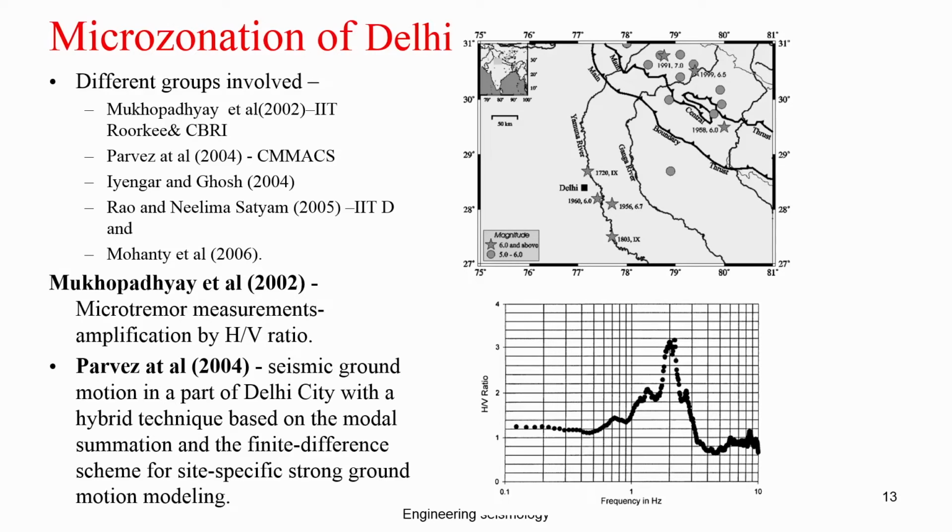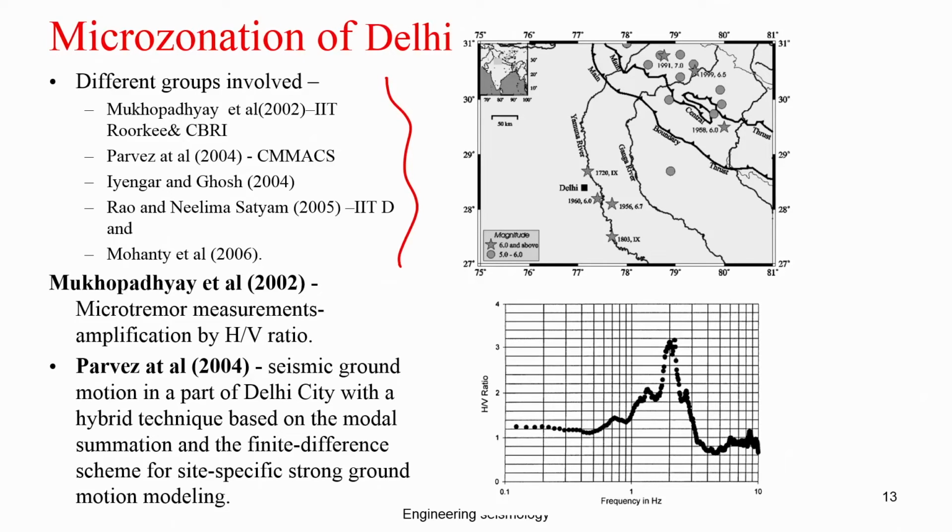These are all the people who carried out microzonation. Later, even IMD MOES took up all this input, further improved it, and finally released a complete microzonation map of Delhi.